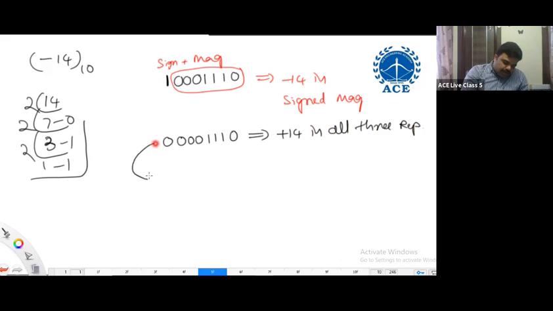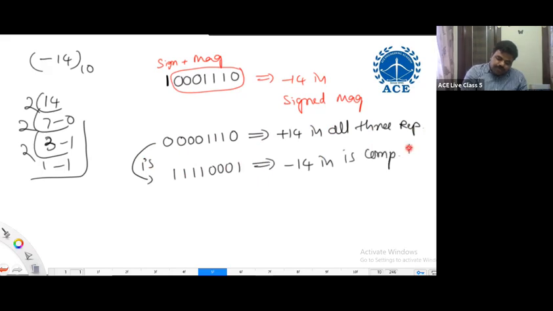Let me get minus 14 in 1's complement representation. How can I get that? Taking 1's complement, 1, 1, 1, 1, 0, 0, 0, 1. What is this now? Minus 14 in 1's complement representation. I want to get minus 14 in 2's complement representation also. Then what should I do?